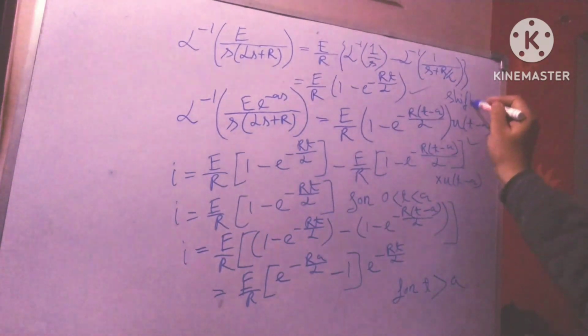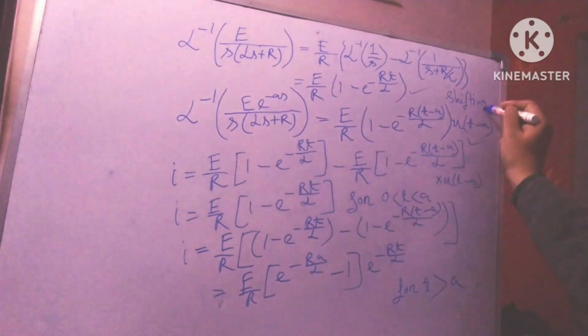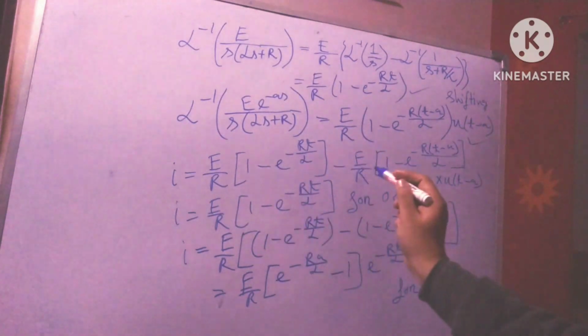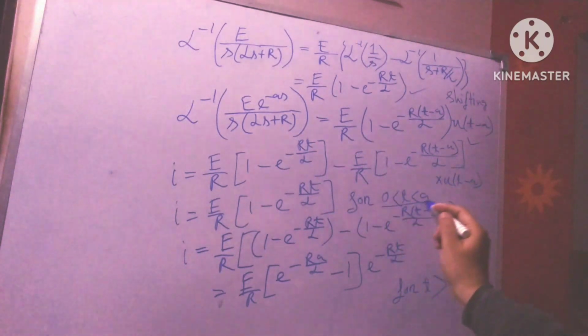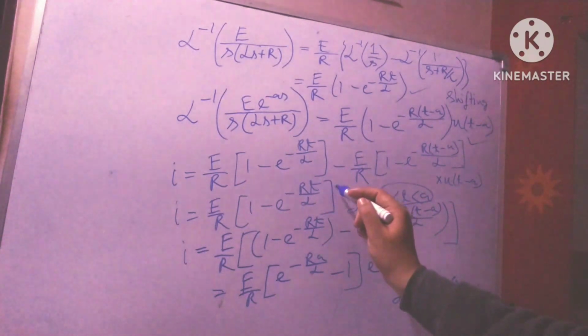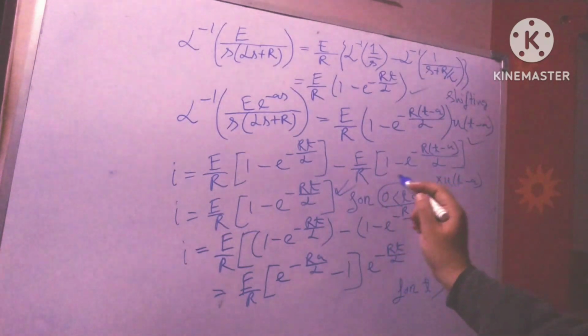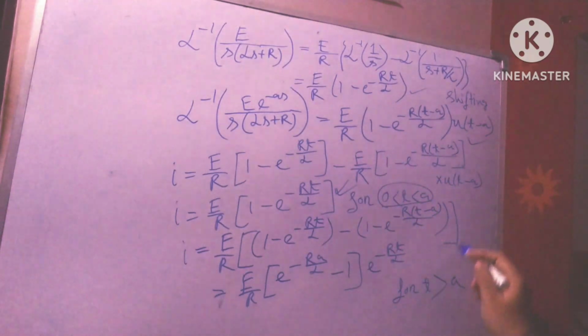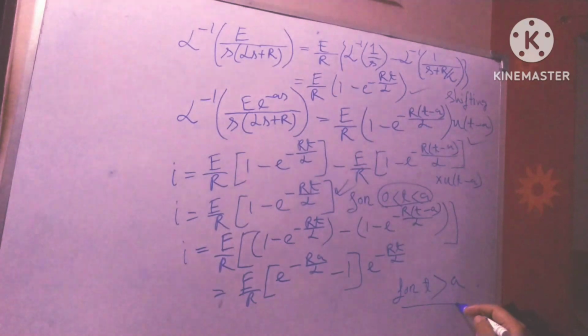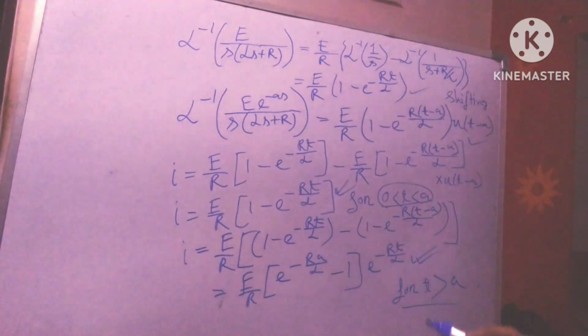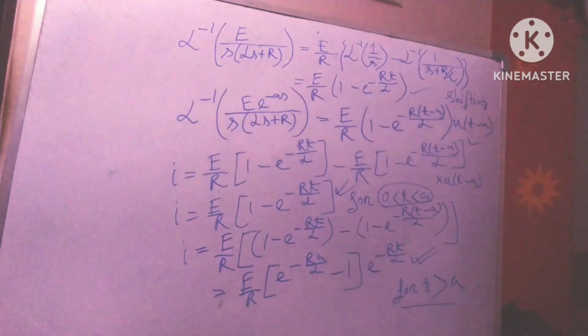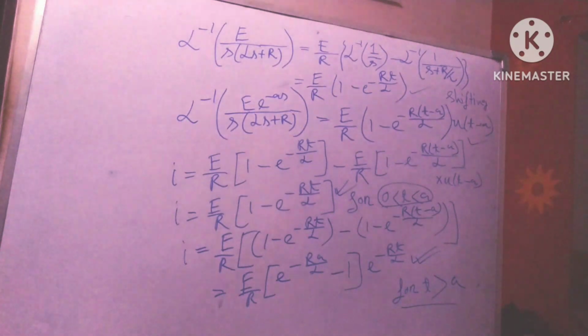This property is called the shifting property, and after that I just put in the values. When t is less than a, then this equation is my current. My current is this equation.